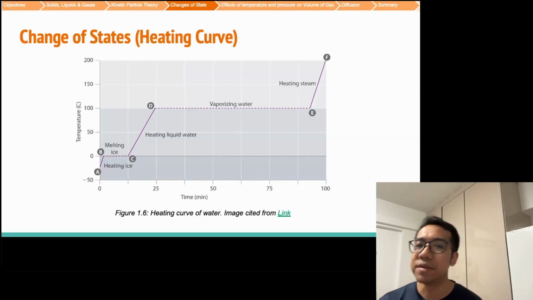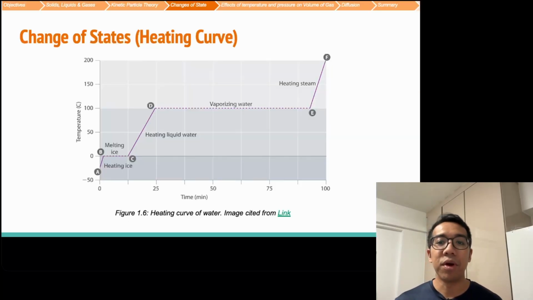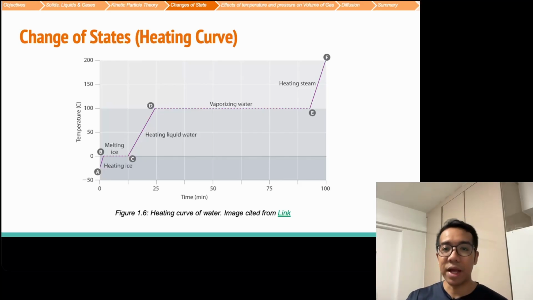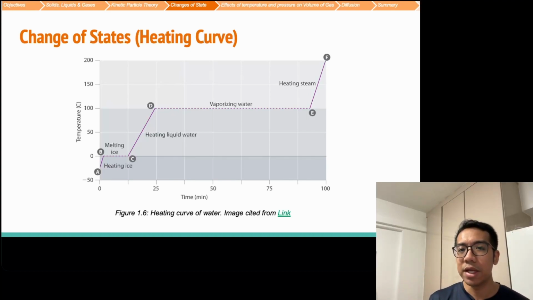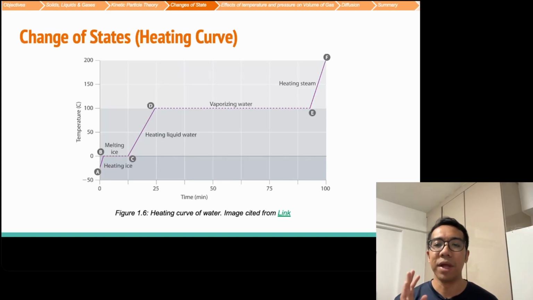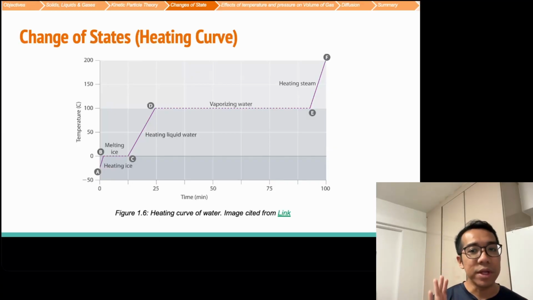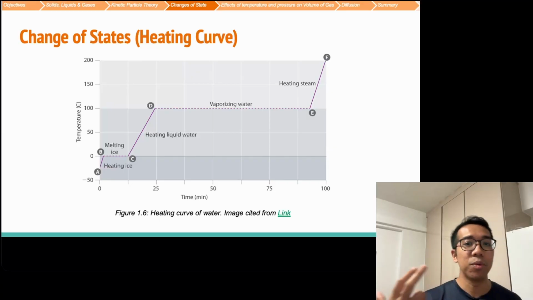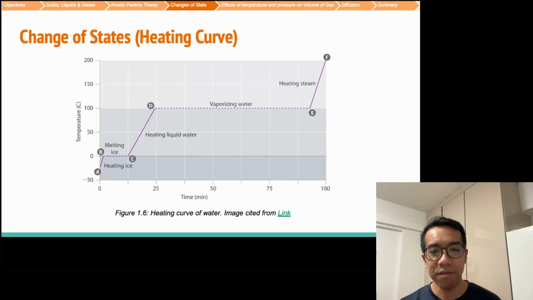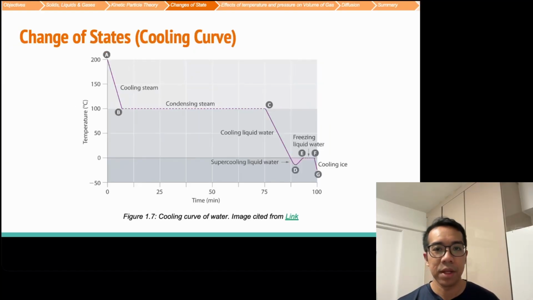The same can be said about the vaporizing of water, basically changing from liquids to gases. The temperature will stay constant until the last drop of water evaporates and forms gases. Then and only then you can see that the temperature will rise from E to F. Okay? Again, the same can be said for cooling curves.